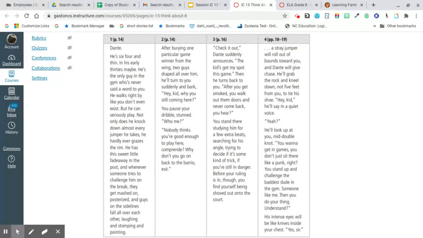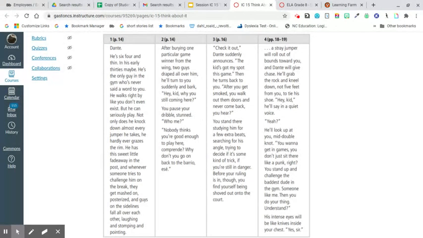So in this moment, Dante's changed. He's a different person. He's still gruff. He's still not friendly. And he doesn't want anyone to know because he's speaking in a very low voice. He's pretending to tie his shoes so he can take that moment to talk to the narrator. And he says, if you want in this game, you got to pick on the toughest guy, the best player, and take him on and show him what you can do, even if that's me.